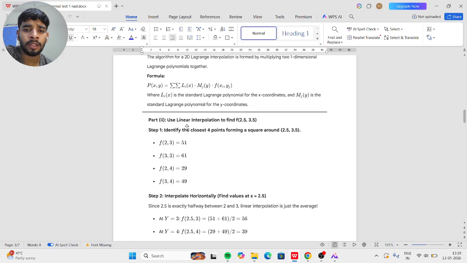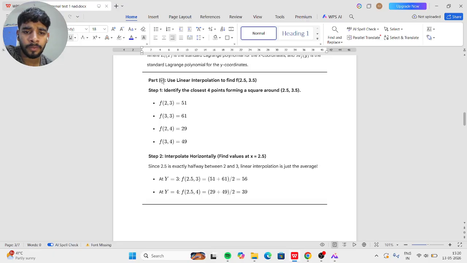Now, in part 2, we will use linear interpolation to find f(2.5, 3.5). So we identify the closest 4 points forming a square around 2.5, 3.5. Here f(2,3) is this and f(3,3) is this, and f(2,4) and f(3,4), we have taken this value.